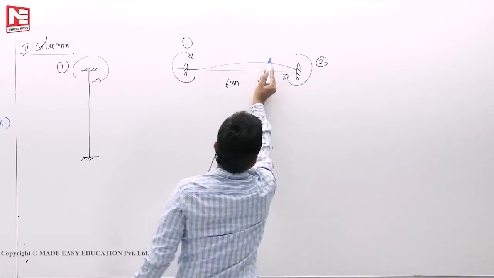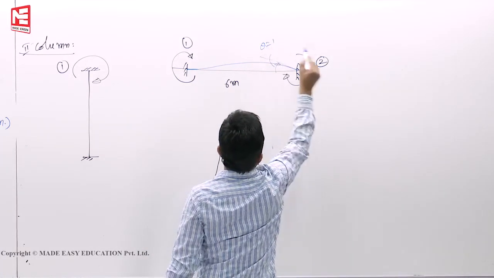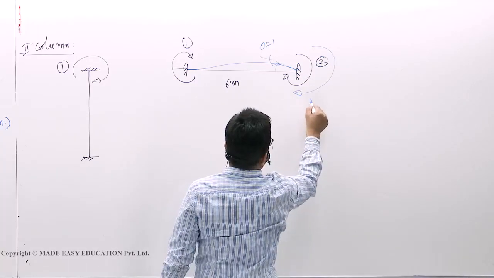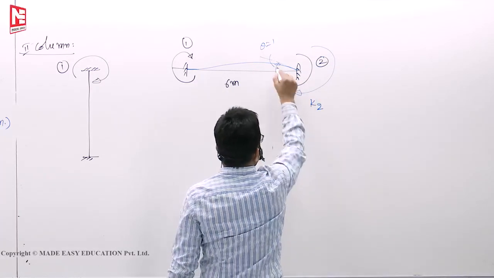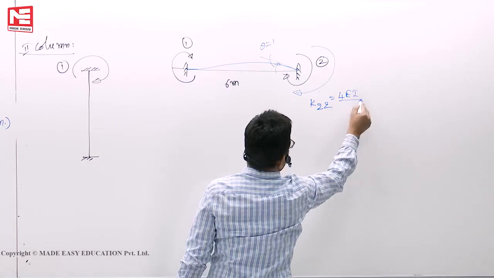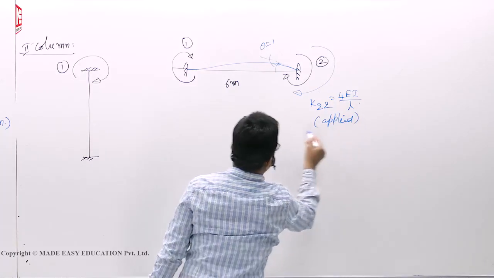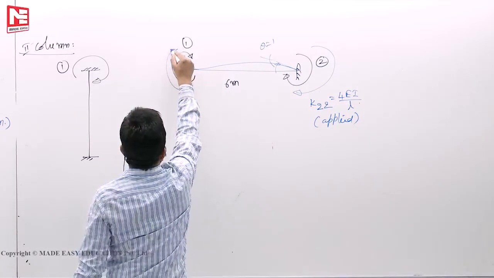For this profile, at 2 the unit displacement means this is now theta, say 1. Force at 2 because of the displacement also at 2, we know it is 4 EI by L. This is like an applied moment, and because of that, how much is carried over?